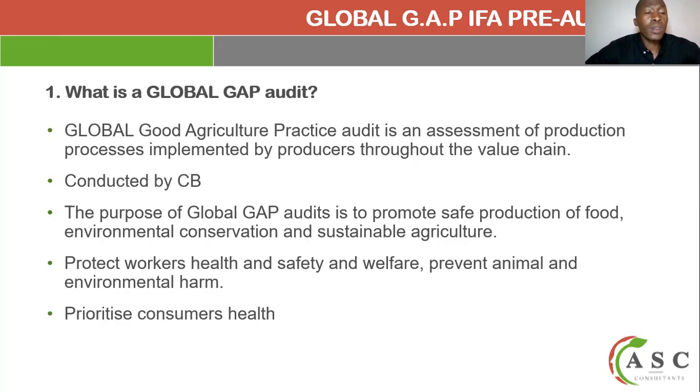Then the purpose of the Global G.A.P audits mainly is to promote safe production of food, environment conservation, and sustainable agriculture. Safe production of food mainly implies what we call IPM, integrated pest management, which is a system that looks at the holistic nature of controlling pests.